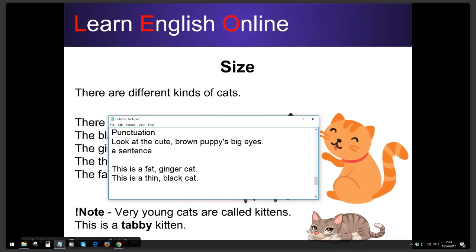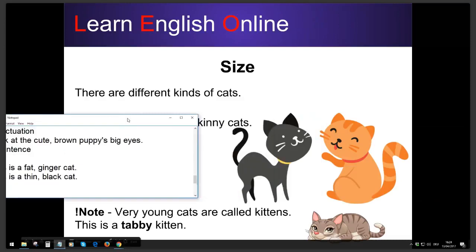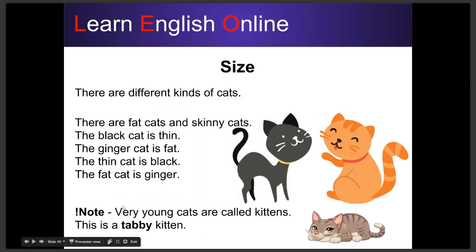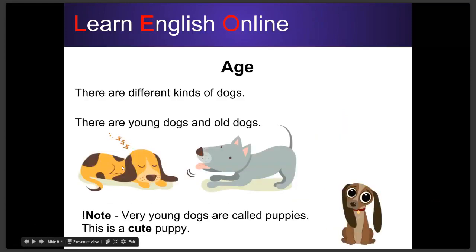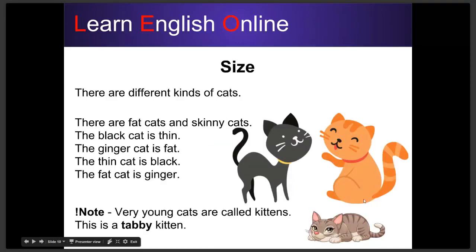And like dogs, when it comes to age, very young cats have a special name. Old cat, young cat, old dog, young dog, very young dog, puppy, very young cat, a kitten. A kitten.